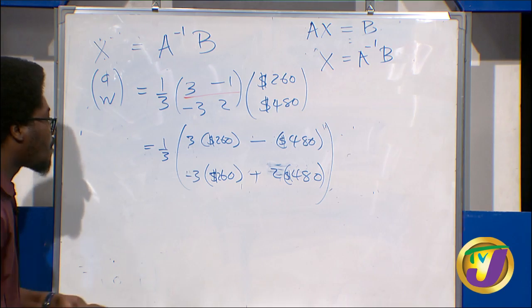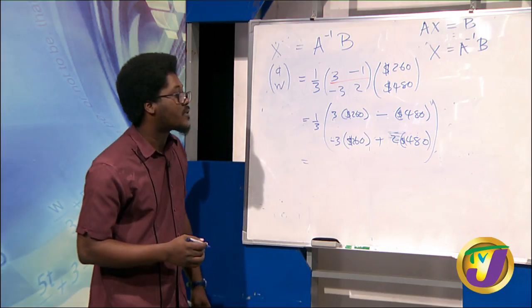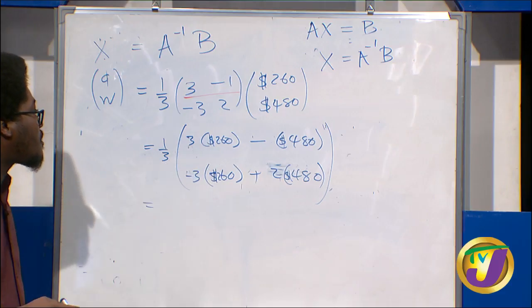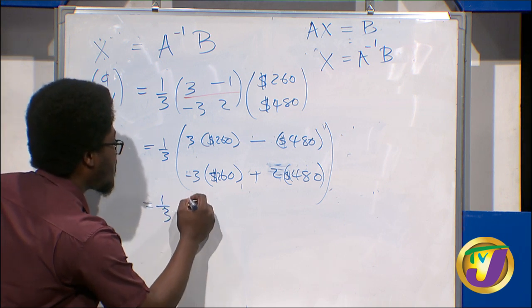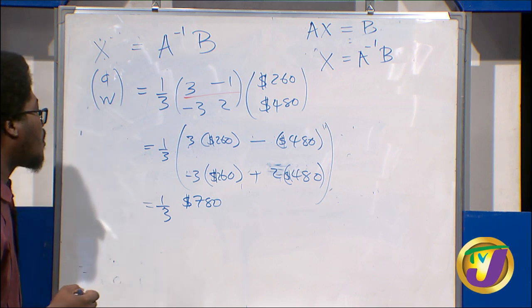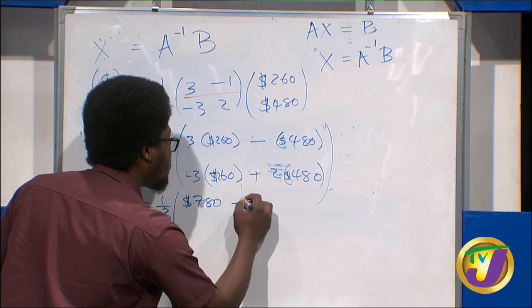All right, good. Now we can reduce these. 3 times 260. So 3 times 200 is 600, and 3 times 60 is 180. We add that together, we get what? 780. We subtract that from 480.